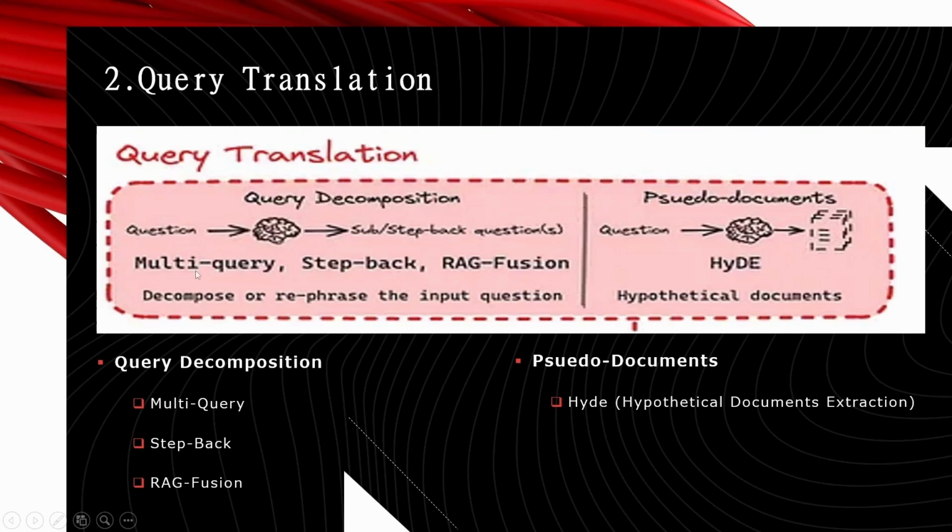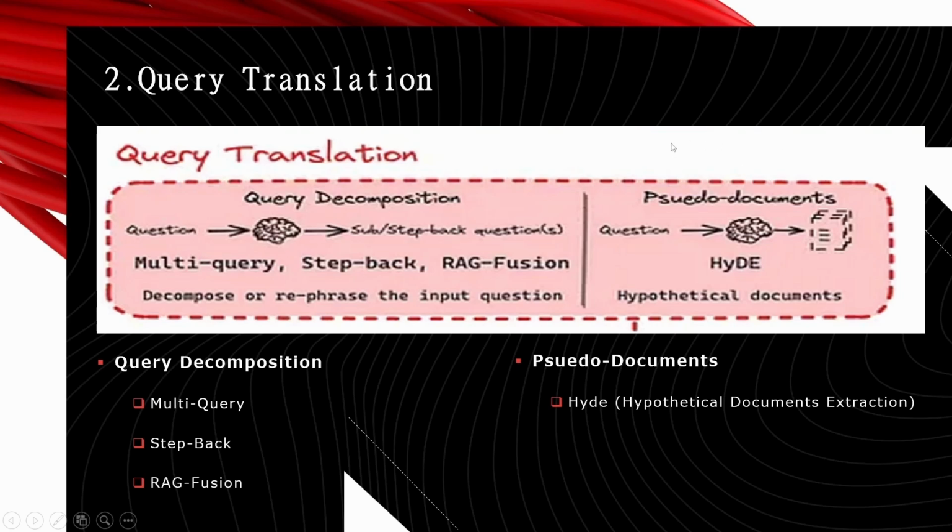The difference between multi-query and RAG fusion is that RAG fusion also generates multiple queries, which retrieve data from the vector DB, but the retrieved documents are then ranked with the help of the reciprocal rank fusion formula. I will show you that formula in the code, and how it works. Everything I will show you from scratch.